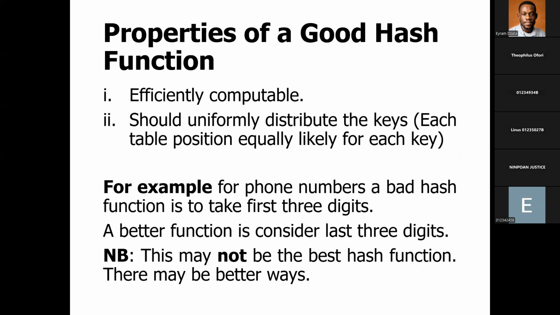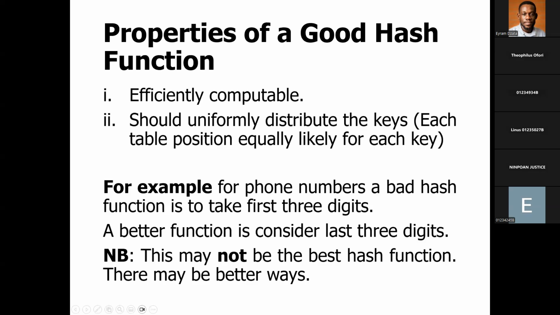Now, the properties of a good hash function. One is that it's efficiently computable. Secondly, it should uniformly distribute the keys, so each table position is equally likely for each key. For example, for the telephone number, a bad hash function is to take the first 3 digits.